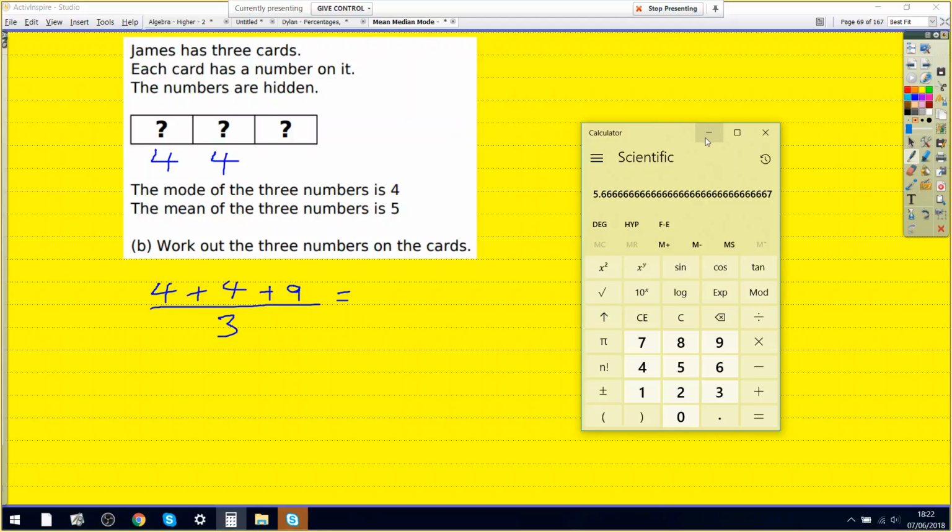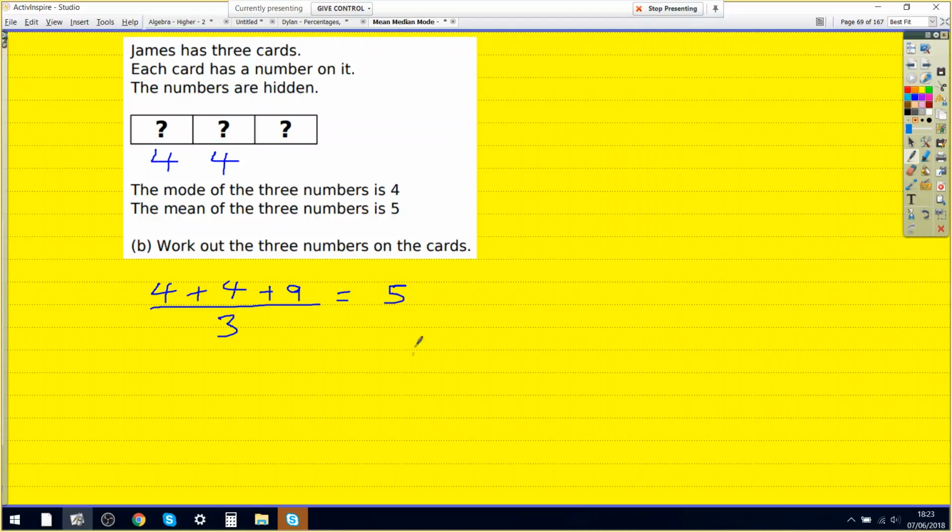Could it be 4, 4, 8 perhaps? No, 4, 4, 7 perhaps. What divided by 3 gives you 5? 18?